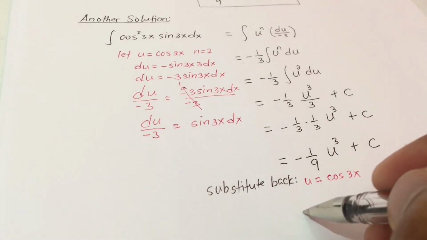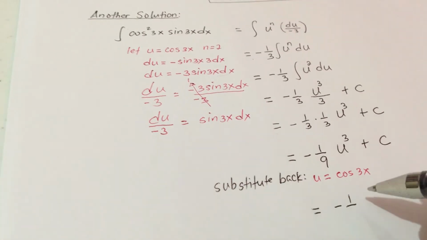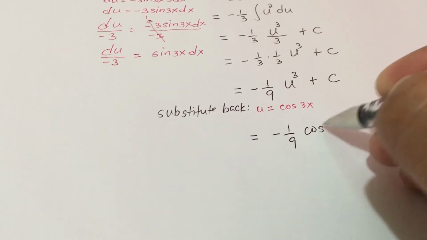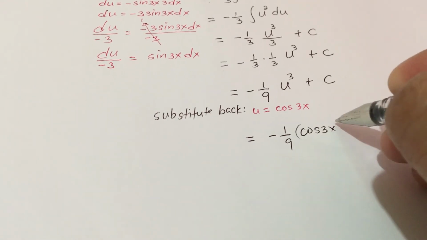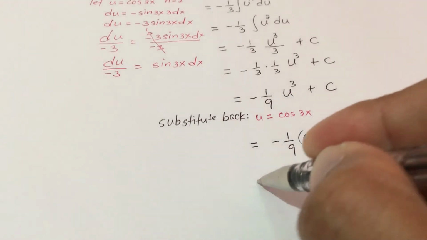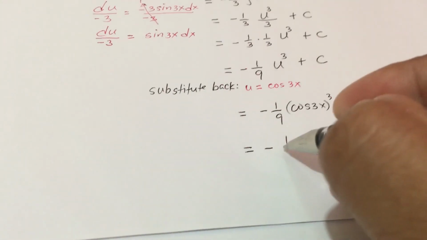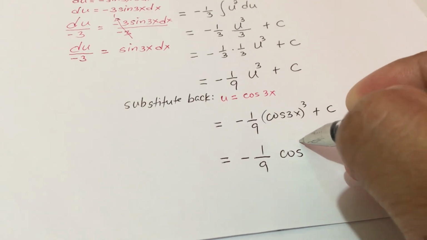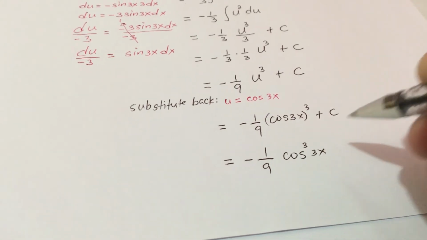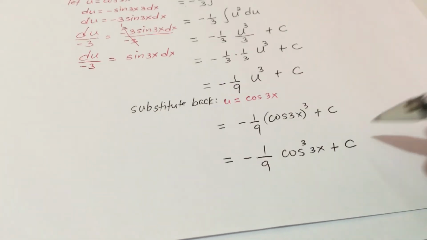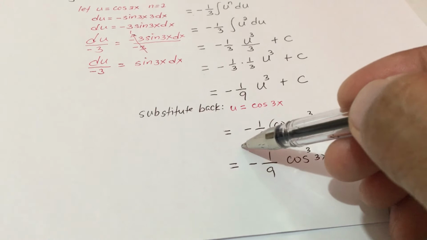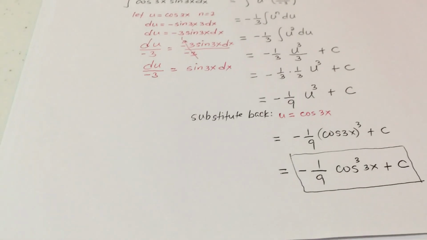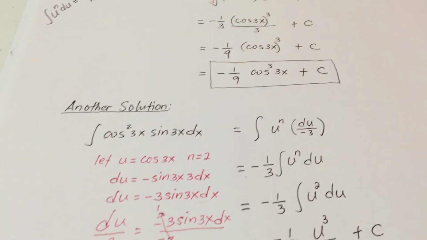So therefore we have minus 1/9 u, which is cosine 3x, then plus c, or equal to minus 1/9 cosine cube 3x and plus the constant of integration c. So this is our final answer. If you look at this, it is just the same as the above solution or result.